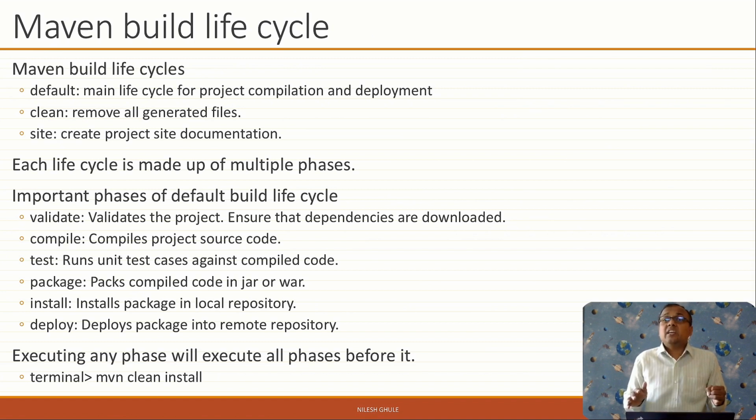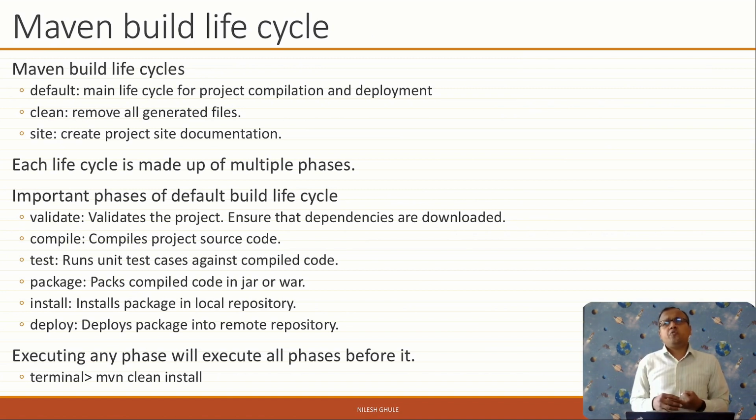If libraries are not present in the local repository, those will get downloaded from the central or remote repository into the local repository. Then the next phase is the compile phase, where the source code is compiled. If required, those project libraries will be added into the project class path, especially when the scope is compile.